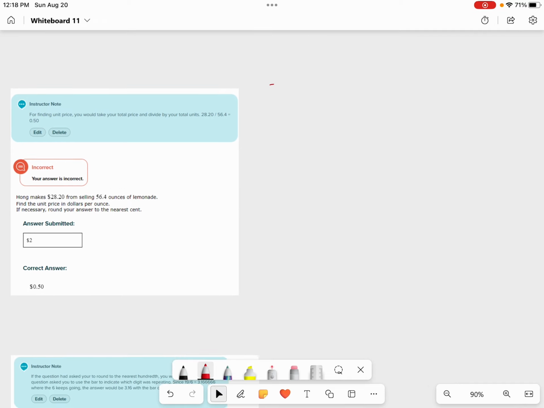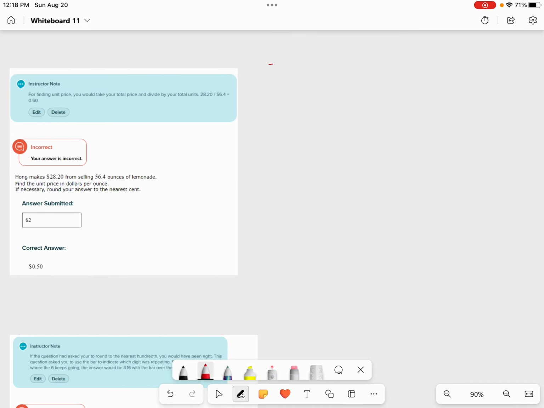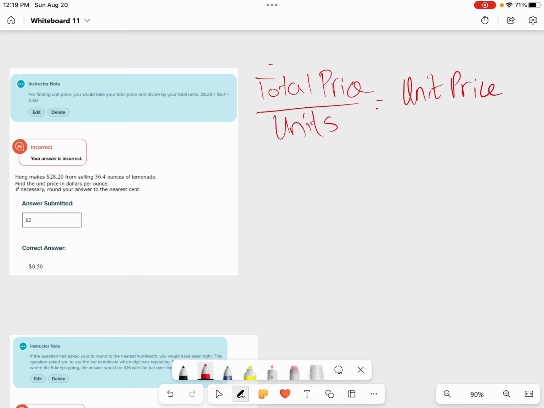All right, the next problem is about unit price. To find unit price, you would do the total price divided by the units that you sold, and that would give us the price for 1 unit, which we call unit price. In this problem, it says Hong makes $28.20 from selling 56.4 ounces of lemonade.